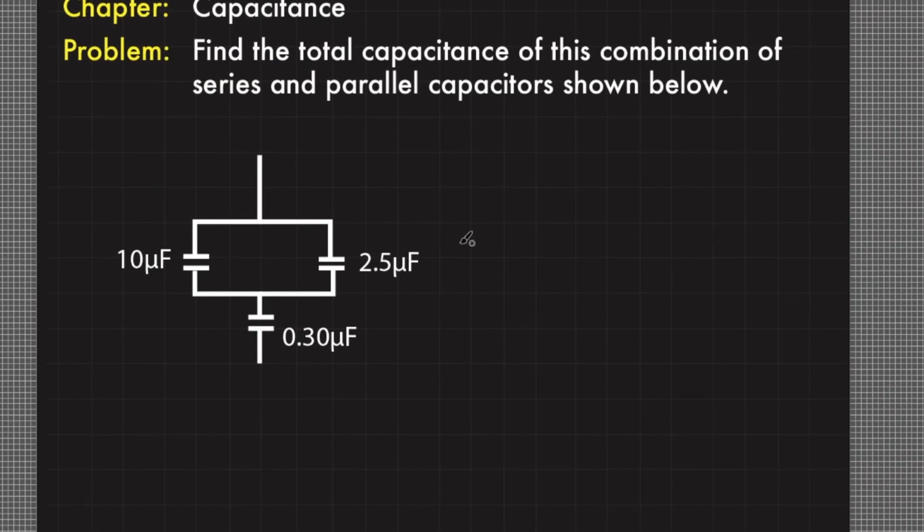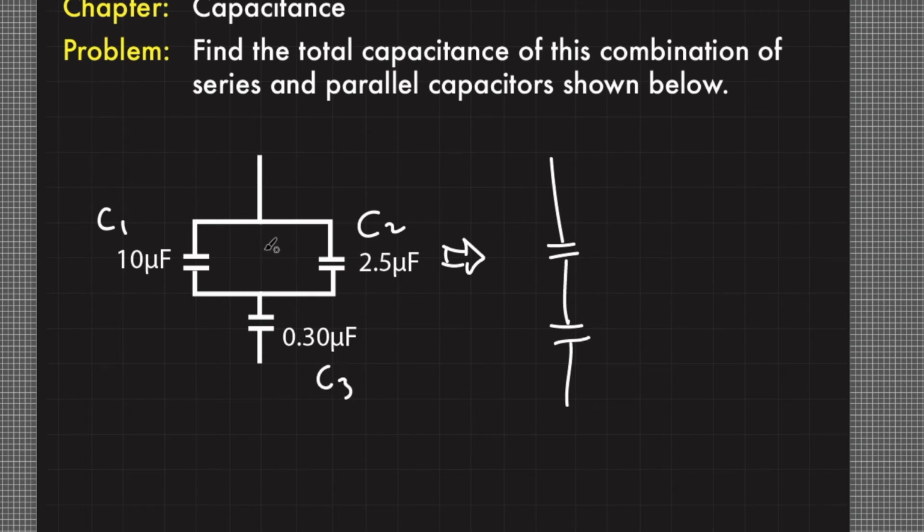Our strategy is to first get the equivalent capacitance of these two capacitors, and I'll end up with this kind of setup. Let me rename the capacitor with 10 microfarad capacitance as C sub 1, this one as C sub 2, then this one as C sub 3.